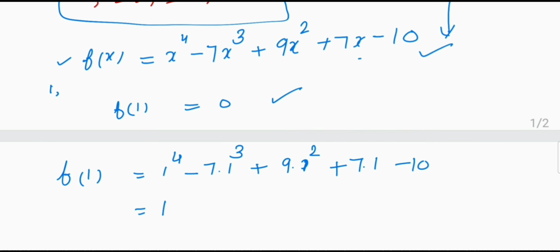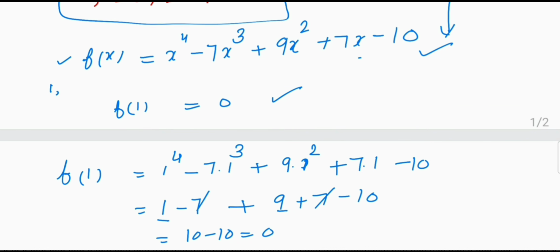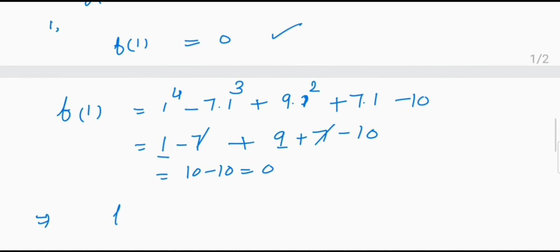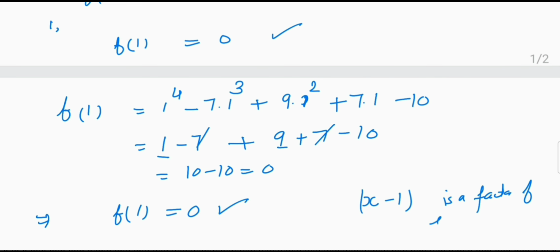This is 1 minus 1 plus 9 plus 7 minus 10. So the 1 and minus 1 get cancelled. 9 plus 7 is 16, minus 10 is 6... (checking) so this becomes 10 minus 10, which is equal to 0. Therefore f(1) is equal to 0. This is correct. It means that x minus 1 is a factor of f(x).